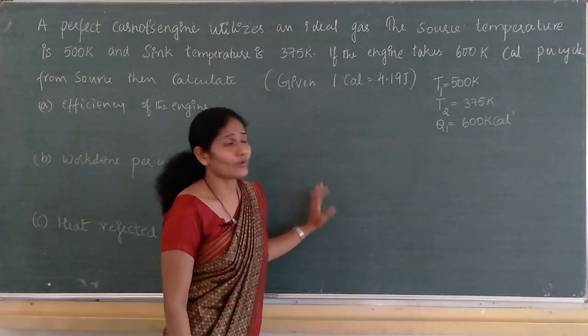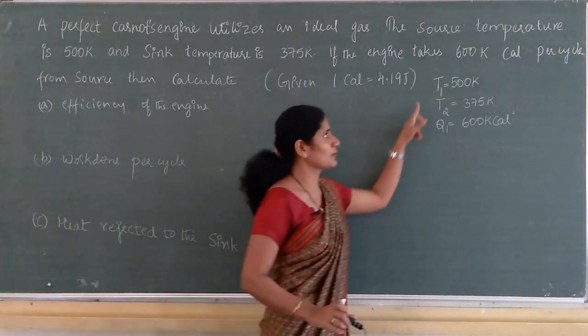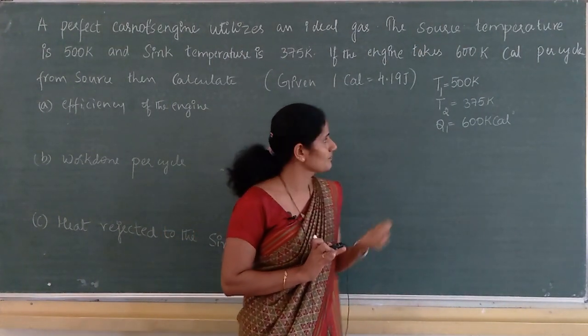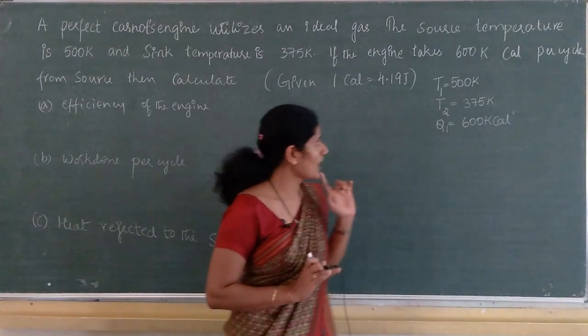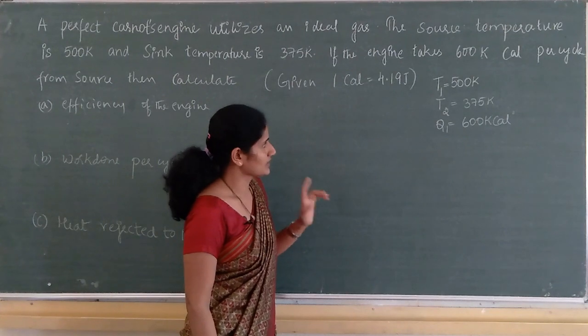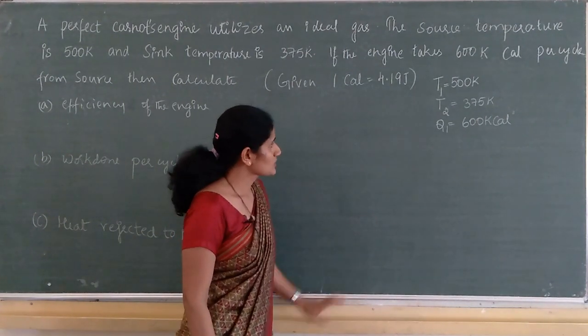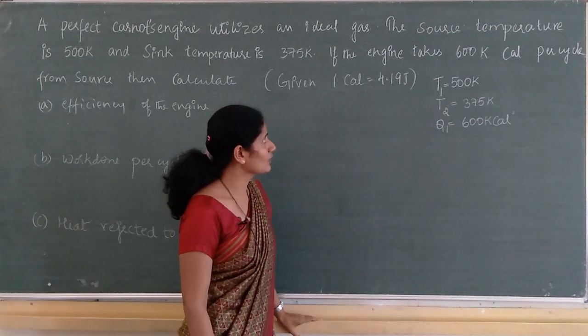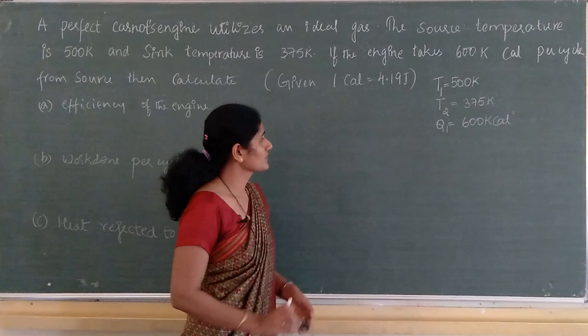So, while solving the problem, always remember that the temperature must be in Kelvin scale, energy must be in joules. Okay? You have to take care of two things. One is temperature and another one is heat. So, it is in calorie. Let us convert it from calorie to joules.